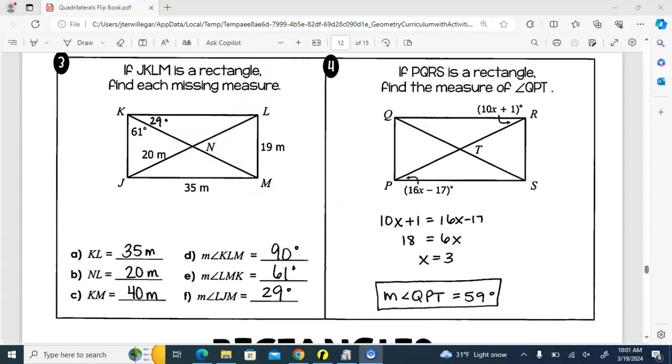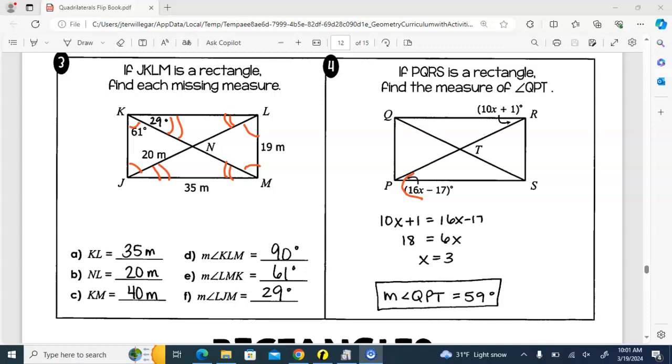Now, big thing about these, remember, if this is 61, all of these angles are 61 degrees. Every single one of these is 61. And if this is 29, all of these little angles are 29. All right, so that will help us with the angles.